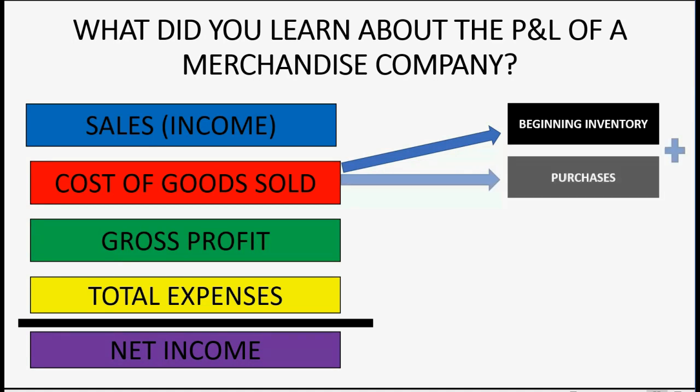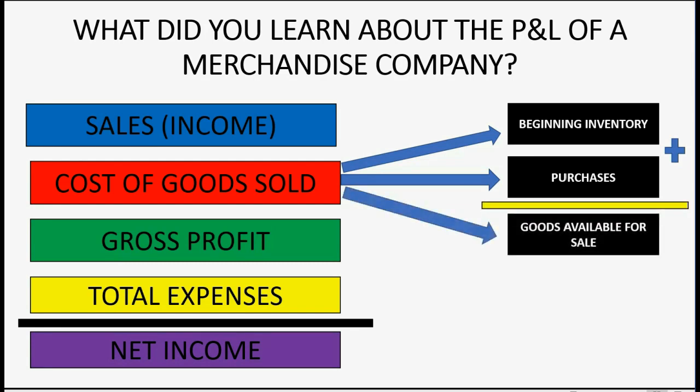Instead, when you purchase merchandise, all of your purchases gets recorded in a T account called purchases. And then, of course, logic suggests if you add what you had in the beginning inventory plus your purchases, you would then get a number that represents the goods that were available for sale.